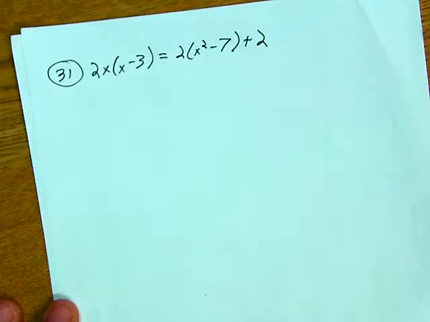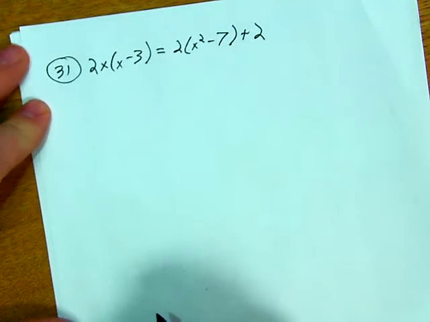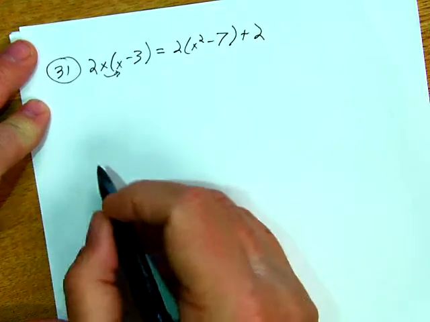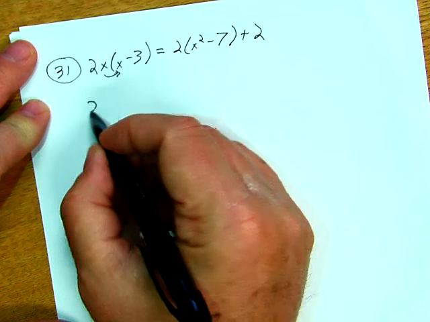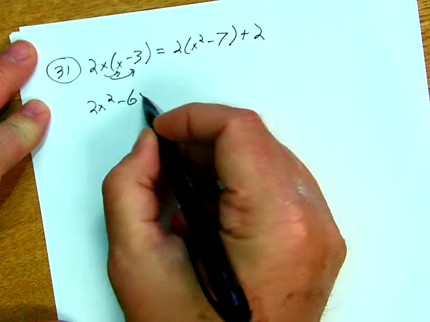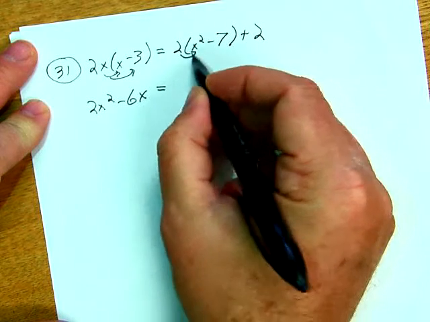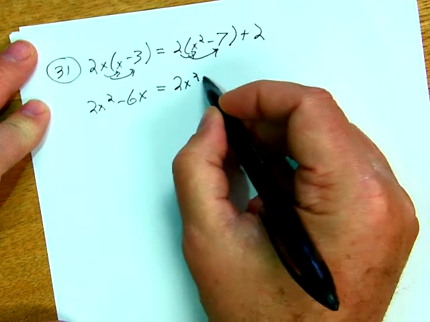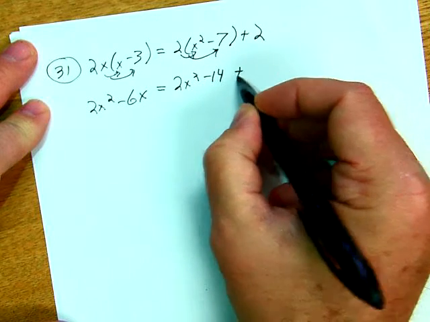Okay, we're going to try and solve for x. So the first thing we do is we're going to do our multiplications. We're going to do the 2x times that. We get 2x squared. Carry that over, minus 6x equals 2x squared minus 14 plus 2.